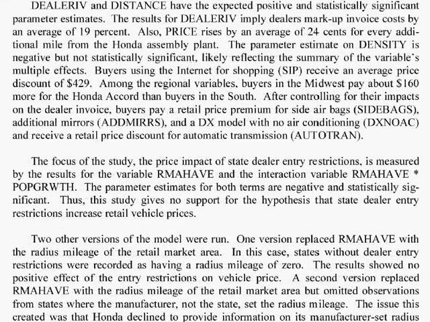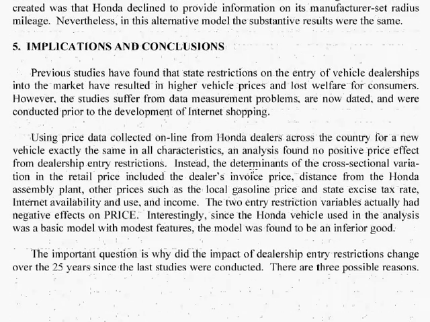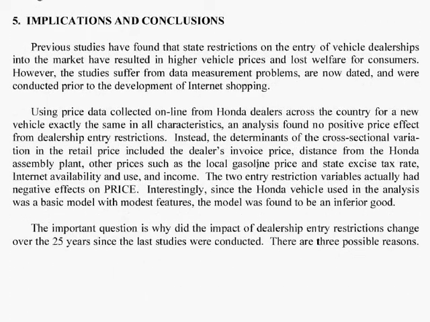So after interpreting what the slopes mean and telling what conclusion he has for his hypothesis about the restrictions on the number of dealers, how does that affect the price? He kind of sums it up and then gives the implications and conclusions. What did he learn and how can we use this information in the real world?